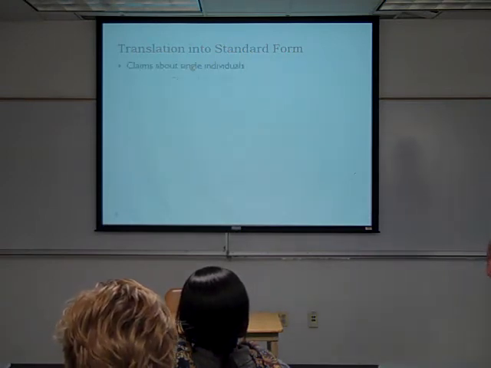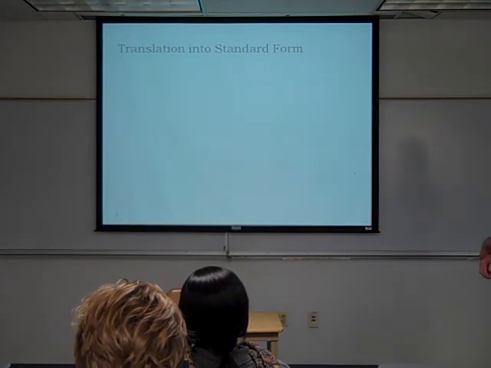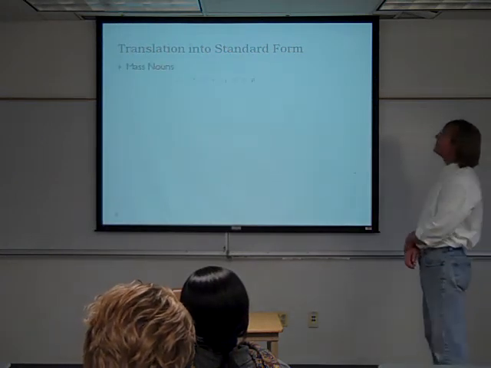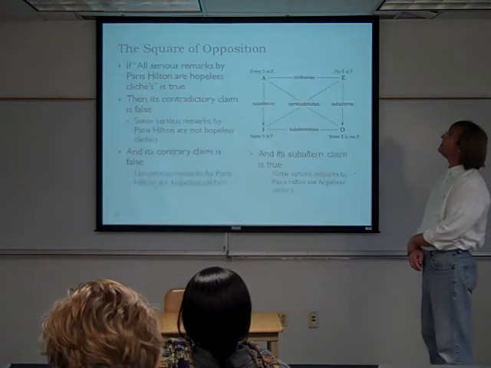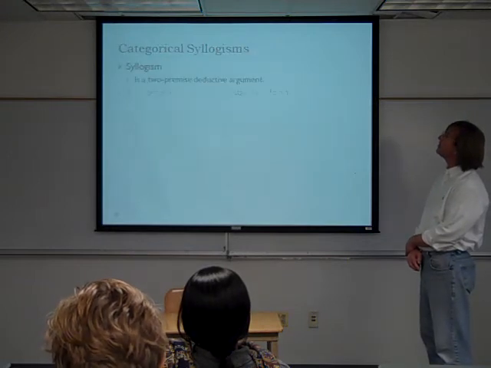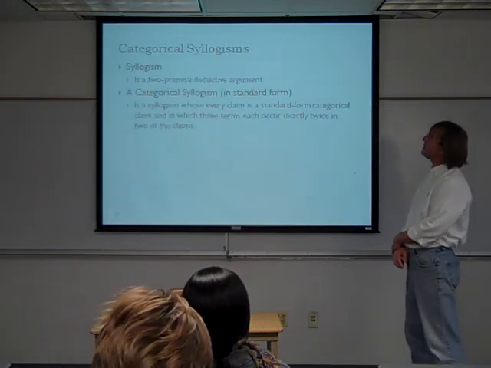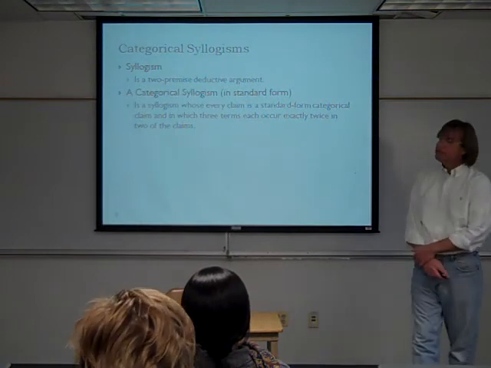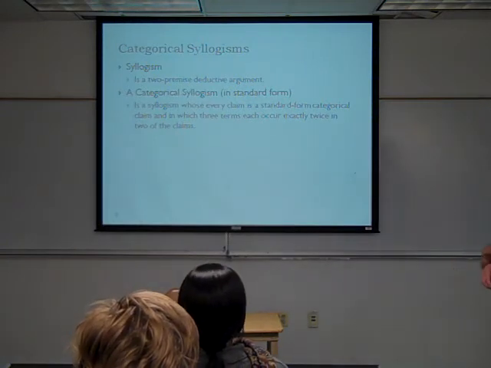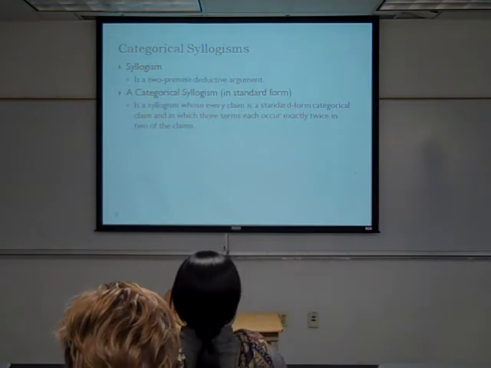All right, now we want to take a look at something that's kind of the culmination of syllogistic logic, the categorical syllogism. And that's when we create an argument. It's a two-premise deductive argument.